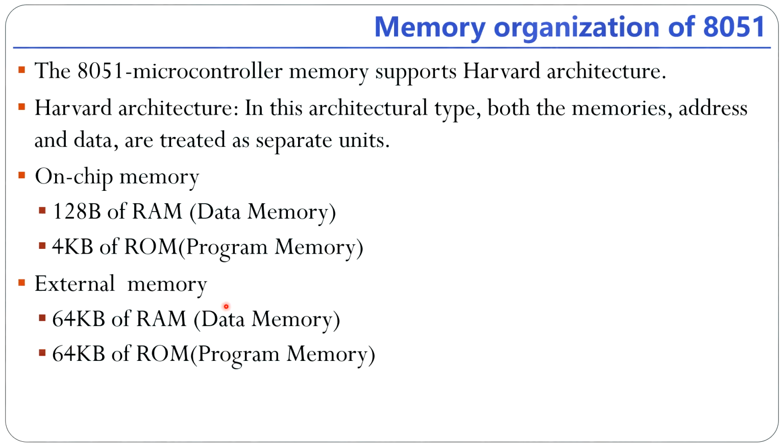External memory can also be included in the 8051 microcontroller. First of all, we can include 64K bytes of RAM, that is data memory, and 64K bytes of ROM, that is program memory. Understood?